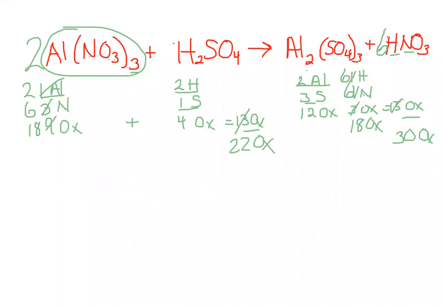Let's see. Let's look at our hydrogens. We've got 2 hydrogens here and we've got 6 over here, so we got to put a 3 here. That gives us 12. And once we do that, that gives us 30 oxygen.